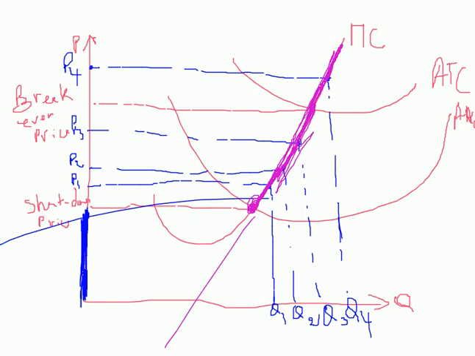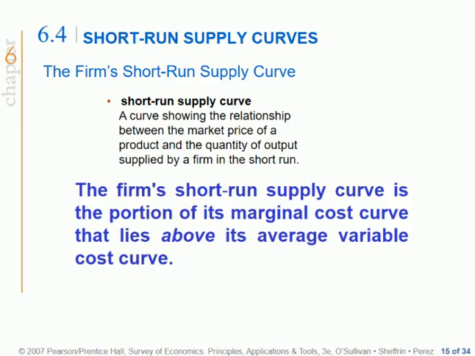This portion of the curve gives us different quantities of output for different market prices. Then this portion of the marginal cost curve that lies above the average variable cost curve is actually the supply curve of our firm.